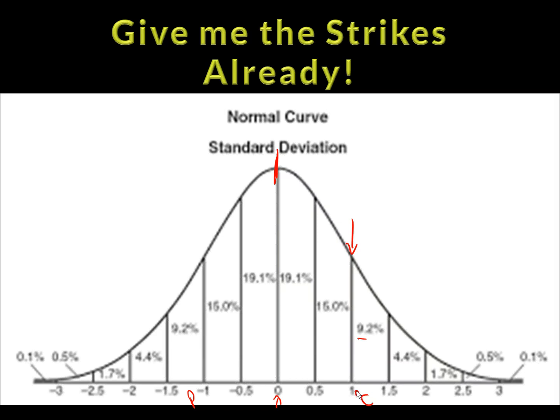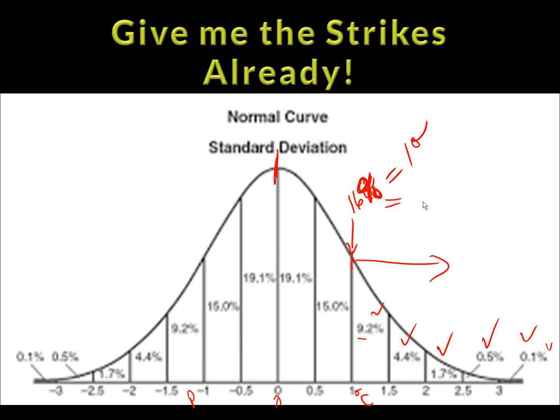And this is a 1 standard deviation move. Well, in order for any of this to happen, we can add up these probabilities: the 9.2, the 4.4, the 1.7, the 0.5, the 0.1, the 0.1, all the way out to all those standard deviations, right? You add all of that up, and basically you come up with 16%.